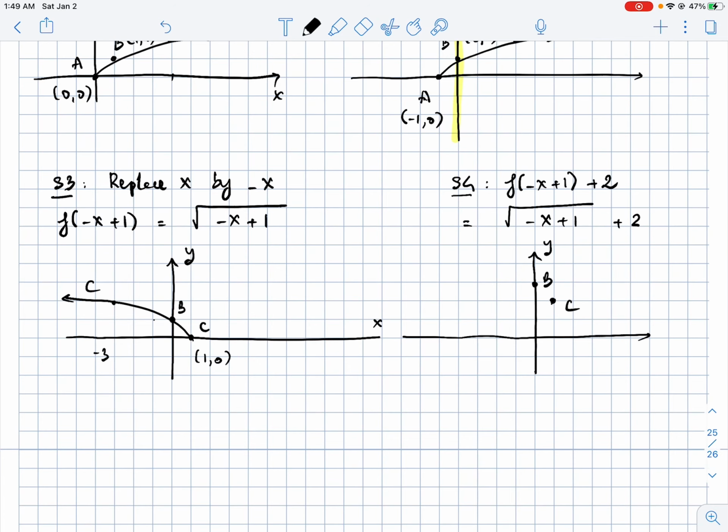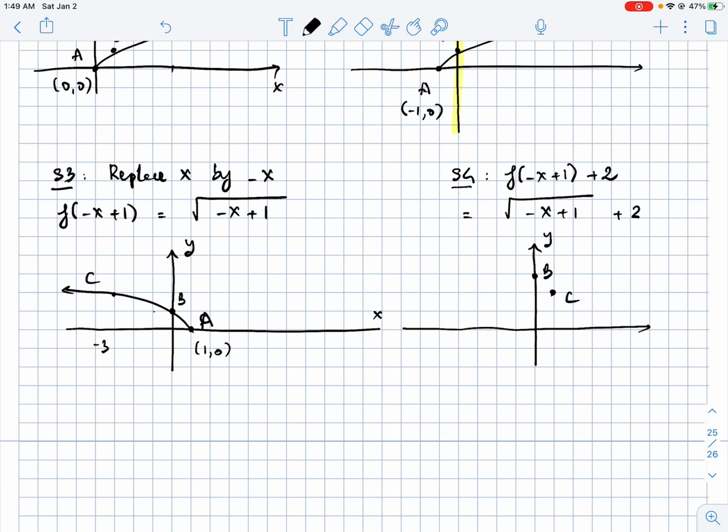The point B will be at 3 on y. The point A will be at 1, 2, and the point C will be negative 3, 4.